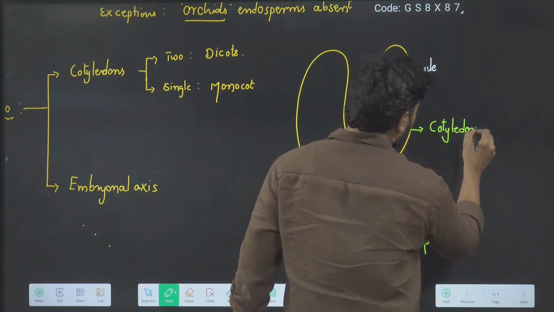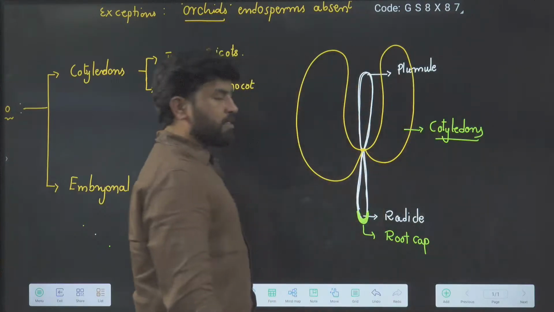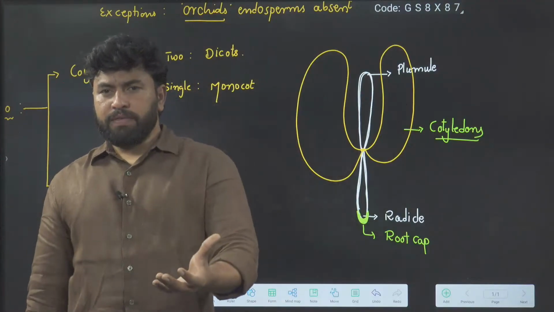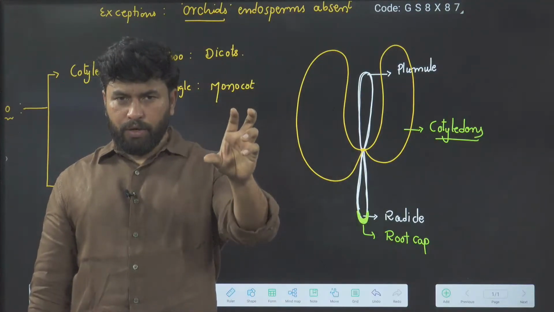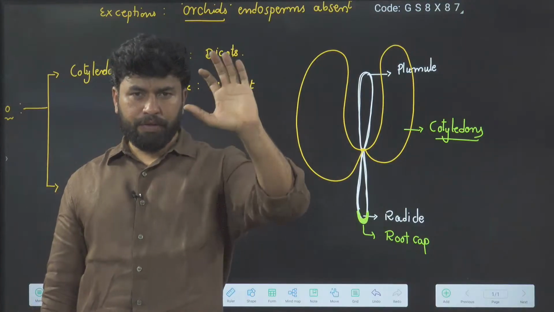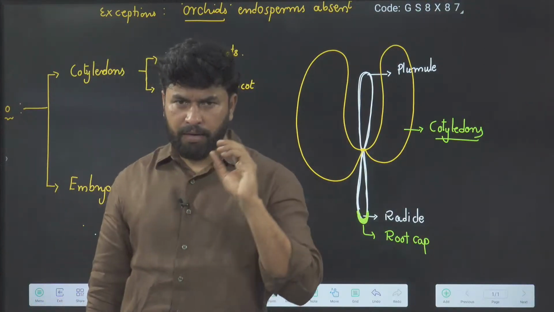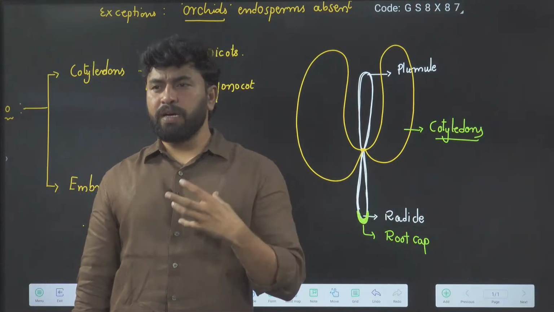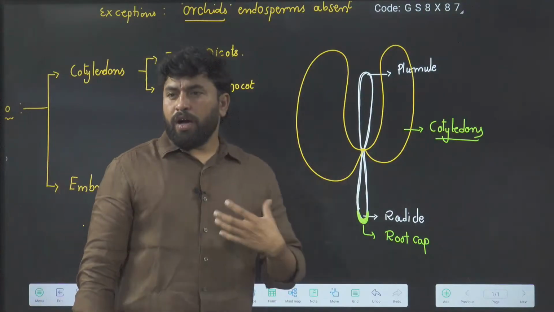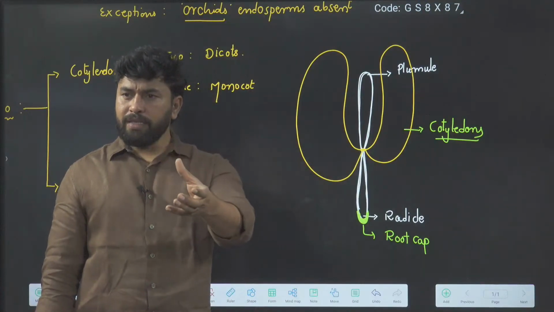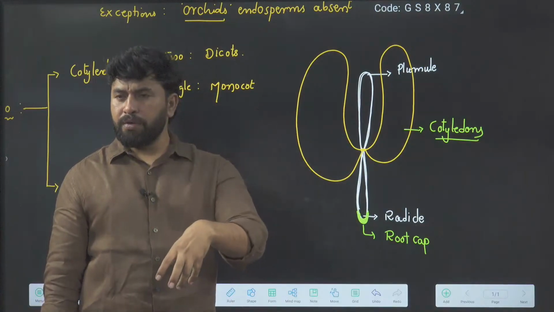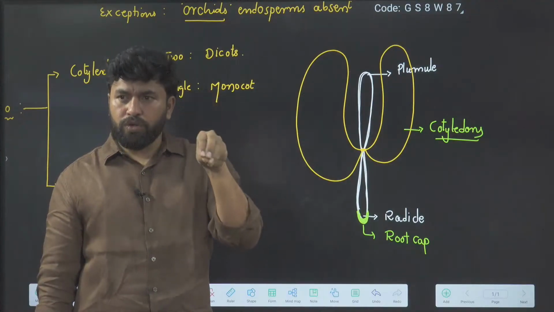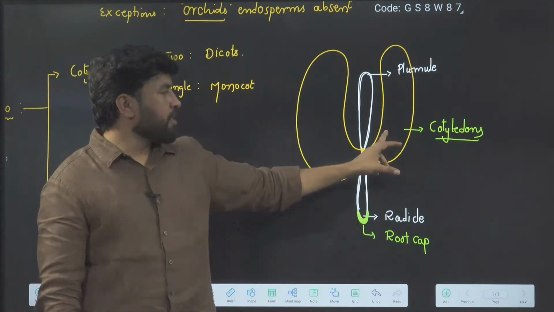Then why does a dicotyledonous seed produce two cotyledons? The reason is this. At the time of seed development, the endosperm that has been developed by the division of the primary endosperm cell or primary endosperm nucleus is completely consumed by the embryo. After consumption, whatever energy the embryo has received from the endosperm will be stored inside the cotyledons.